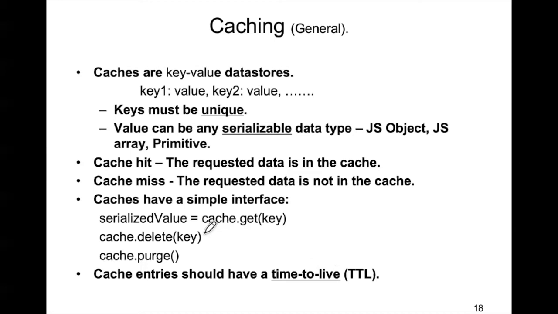So while up here the client can explicitly ask the cache to remove an item, caches are designed with a built-in mechanism for removing what we refer to as stale data within the cache, and it's via this time to live. That's something you can configure as the developer.